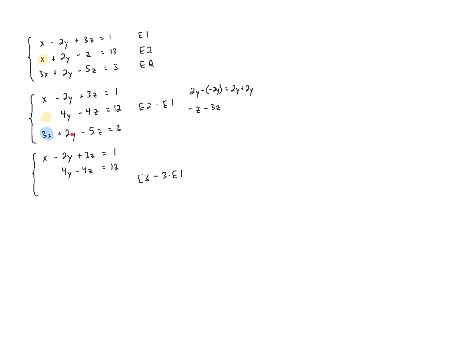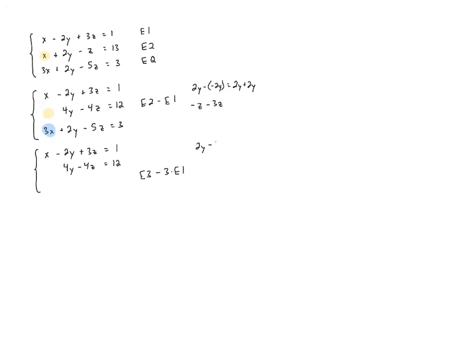Let's look and see what happens to the y's, the z's, and the constants. Remember, we're taking equation 3 and subtracting from it 3 times equation 1. So if we look at the y's, the equation 3 term is going to be 2y, and then minus 3 times equation 1.